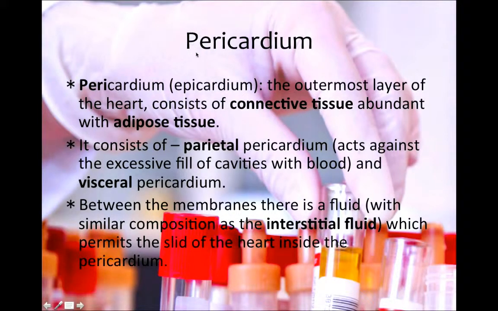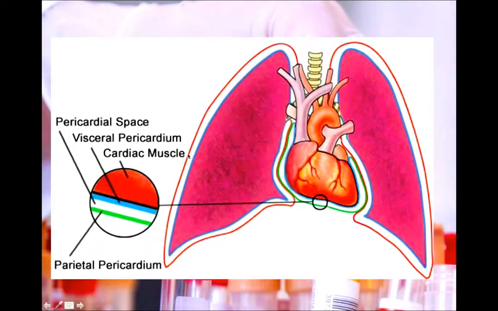The pericardium is a composed word. It's composed of peri, which stands for exterior. So it's the exterior side of the cardium, which is the heart. Now, the pericardium is the outermost layer of the heart.